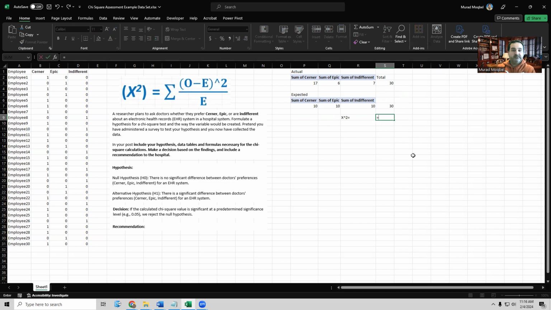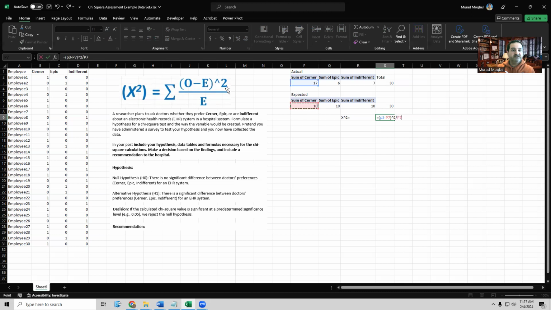For this one, I will take the actual, and instead of selecting, I will just put P. There are some issues sometimes with the absolute versus the relative type of cell that you select, so I will just select P, in this case P3, minus this one, raised to the power of 2, divided by expected, right?